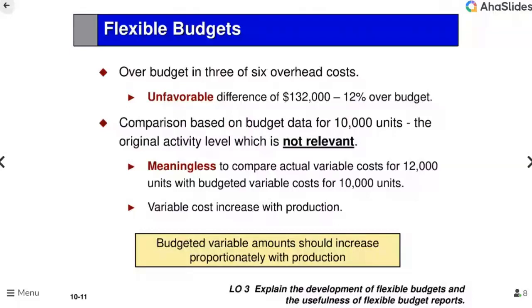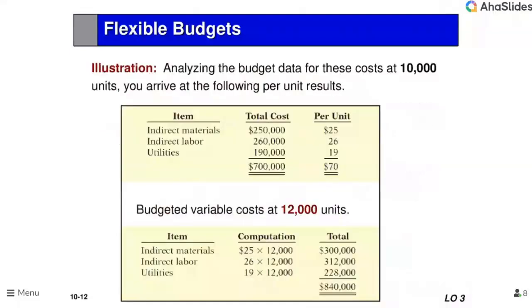And what we do is this. We say, okay, look, the manager at 10,000 said it was going to be 250. So obviously, he's using $25 per unit. Well, if he knew that the output was going to be 12,000, he would have budgeted 300,000, which is 12,000 times $25. You got 300 down there. For labor, he figured $26 per unit.